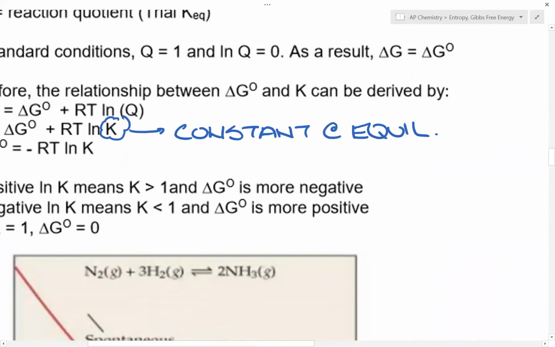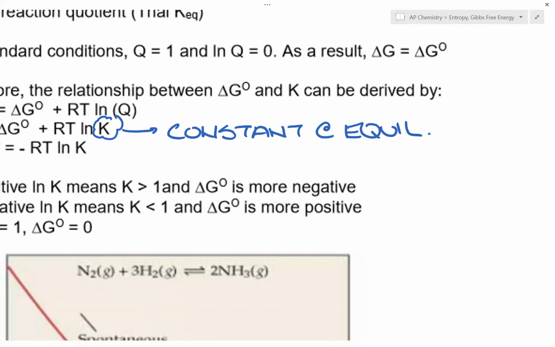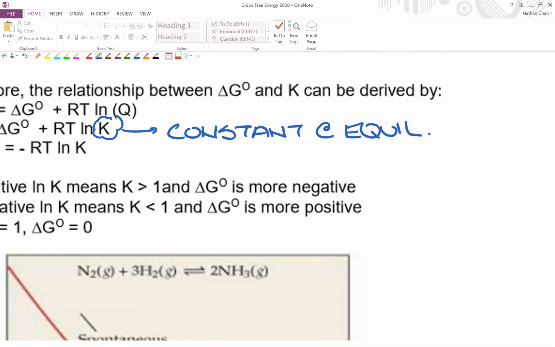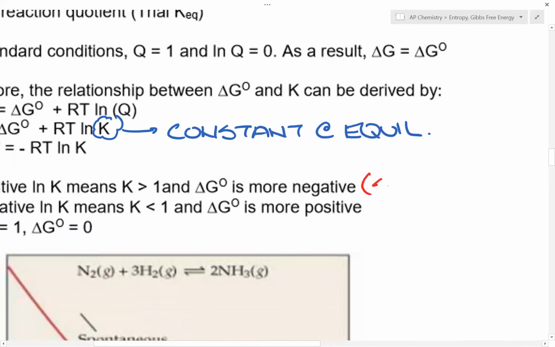A way you can think about this, it is spontaneous. Okay? You can have a spontaneous reaction, and here would be non-spontaneous.